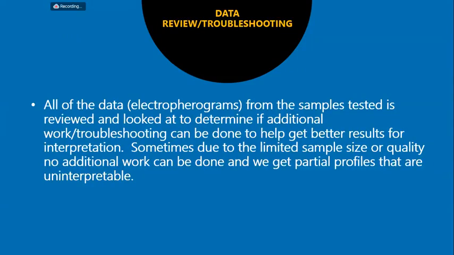But knowing how your full laboratory process works can help you with this troubleshooting phase. So you need to know how much DNA you're targeting at amplification, and to know if targeting a higher amount would help get a better profile. So that's kind of what we're doing at this step, is looking through the data and trying to use the information we have from our laboratory experience to decide if we can do more work with the sample to get a better profile.